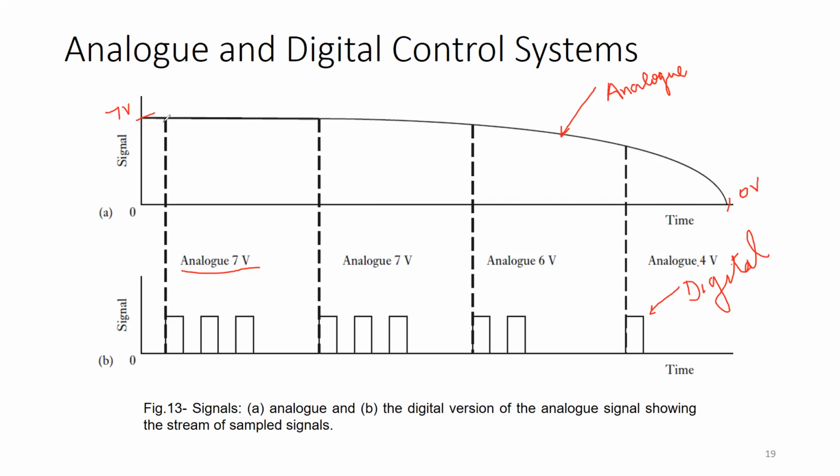So for showing it in the digital form, what we need to do is convert it from analog to digital form. So why do we require the signal in digital form? Because the electronic parts, that is the microcontroller as well as the control unit, work very easily on the digital form of signals.